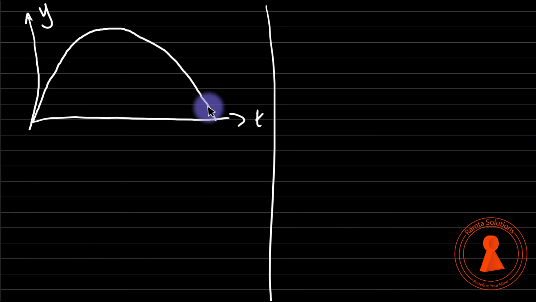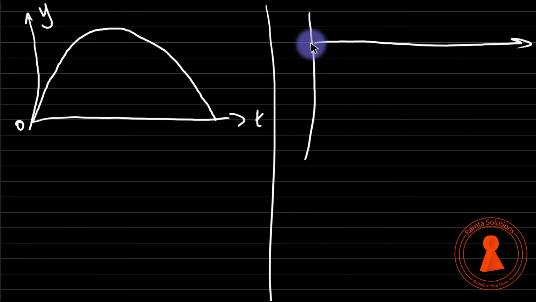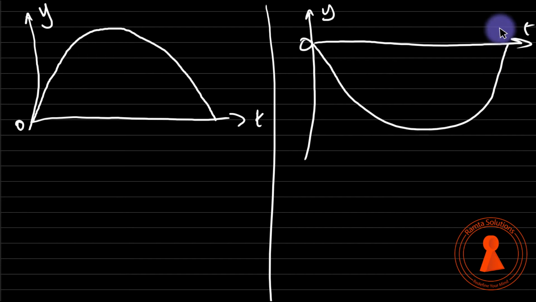This one here is smiling, right? Since it's smiling, it starts at 0, so y-axis, t-axis, it'll be like this.